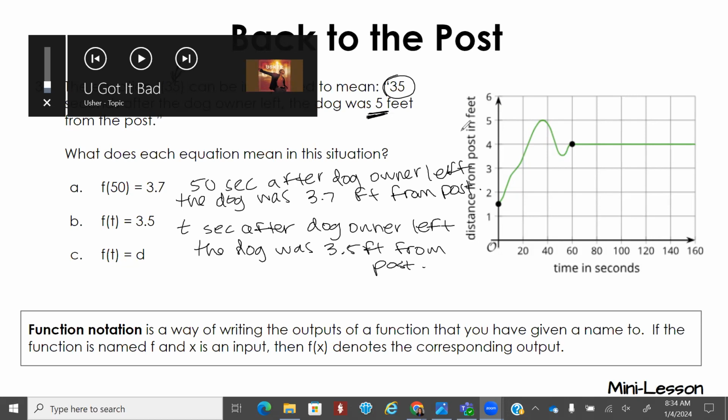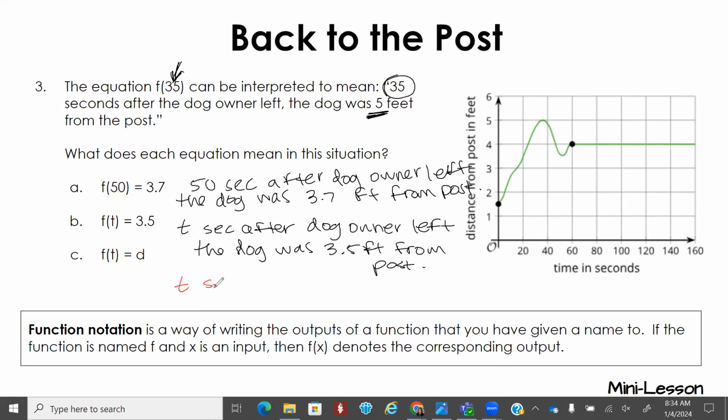Okay. On the last one, this one uses two variables, but what this is going to say is T seconds after dog owner left, the dog was D feet from post. You got that? Good.